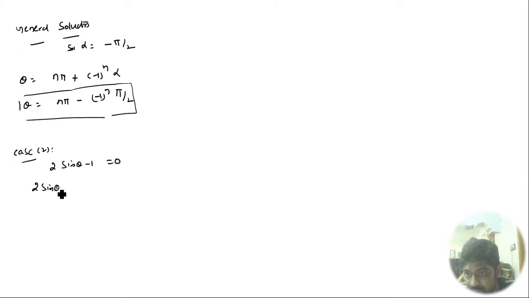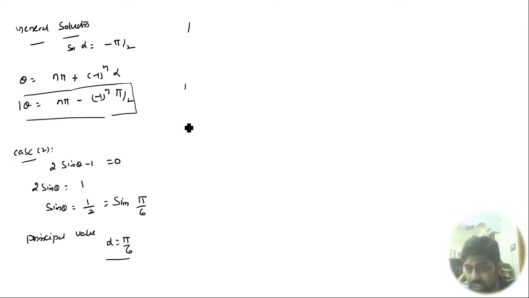So from that 2 sin theta equal to 1, sin theta equal to 1 by 2. When does sin become 1 by 2? Sin 30, sin pi by 6. So therefore the principal value equal to pi by 6.